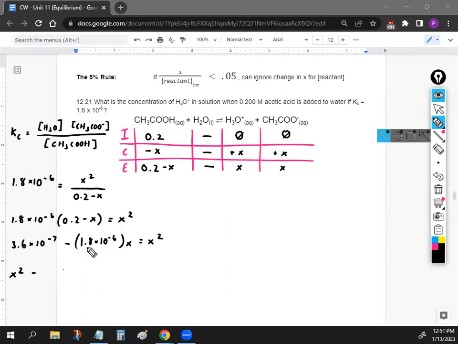Plus 1.8 times 10 to the negative 6x, because we're moving this over, and since we're subtracting, minus 3.6 times 10 to the negative 7, equal to 0. Okay, so far so good, guys.